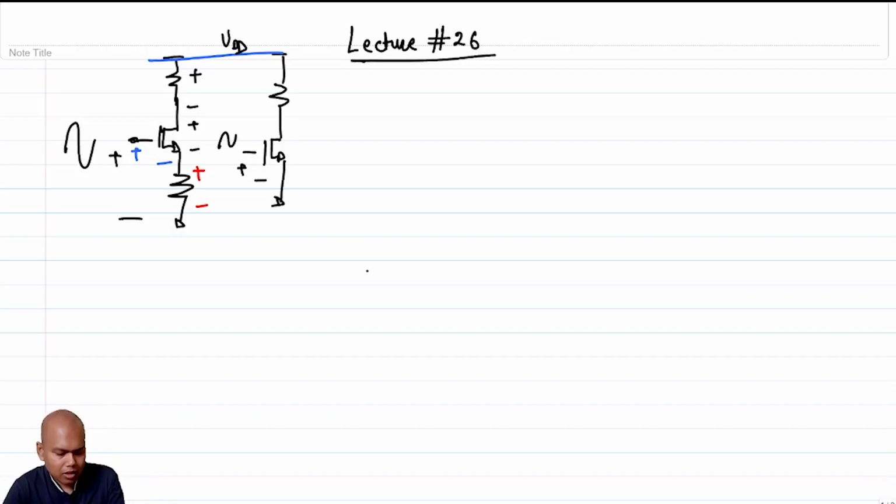So this trade-off in the design choice is not that obvious, because at a zeroth order it seems like a source degenerated transistor configuration can give you lower distortion, so I choose that, but it's not that obvious, right?